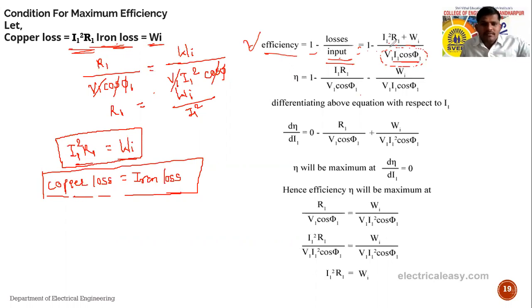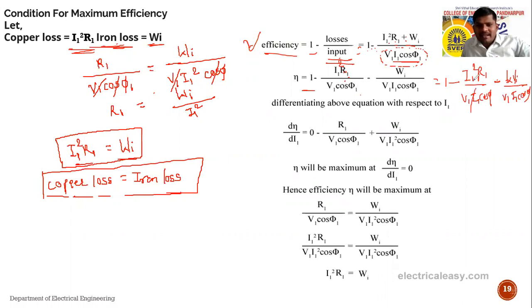Now let us separate out this equation. That is 1 minus I1 square into R1 divided by V1 I1 cos of phi 1, and here the plus becomes minus, so minus Wi divided by V1 I1 cos of phi 1.